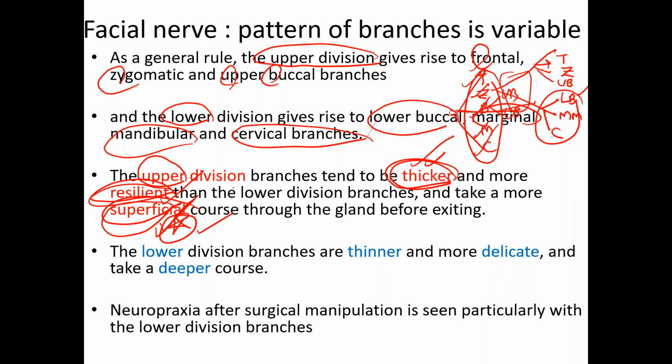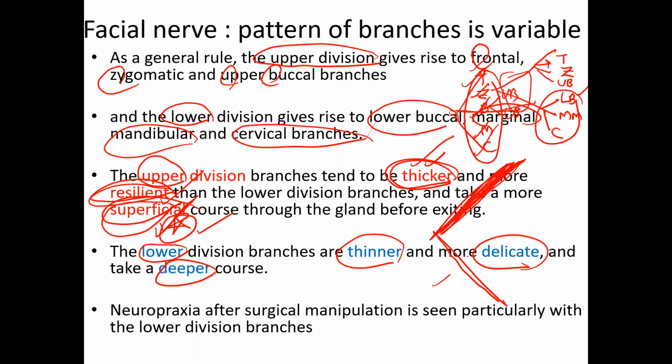The lower division is thinner, delicate, and deeper. So if you take the upper part and the lower part, the upper is thicker, superficial, and resilient. The lower part is thinner and deep, so it is delicate and deeper.